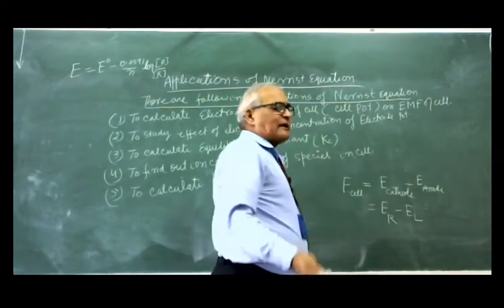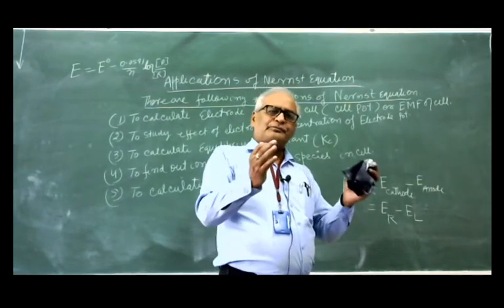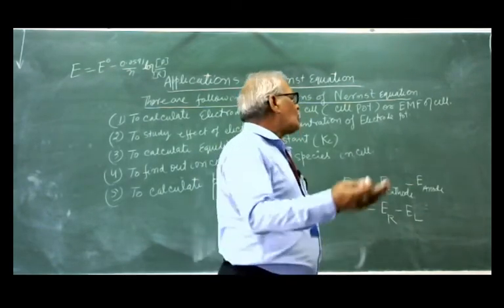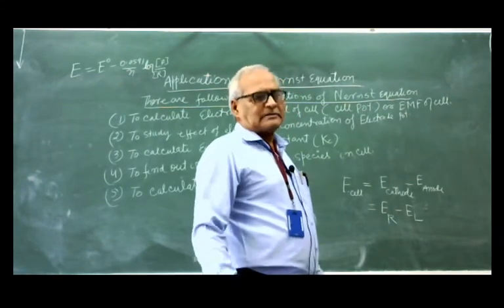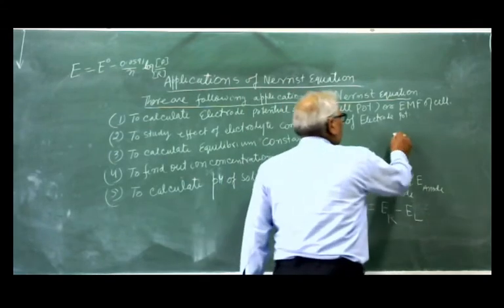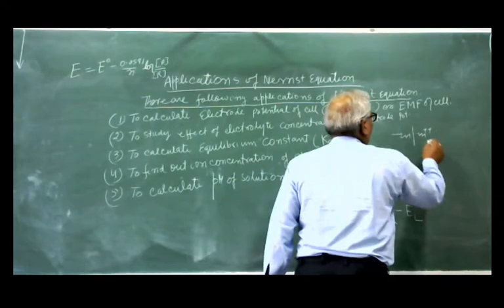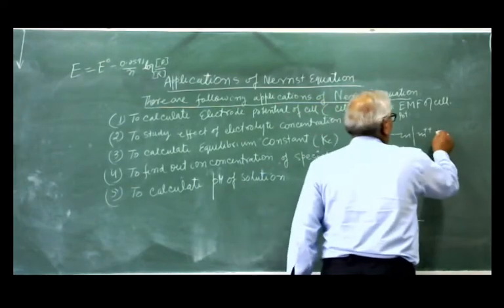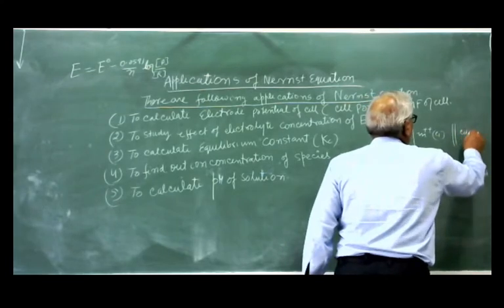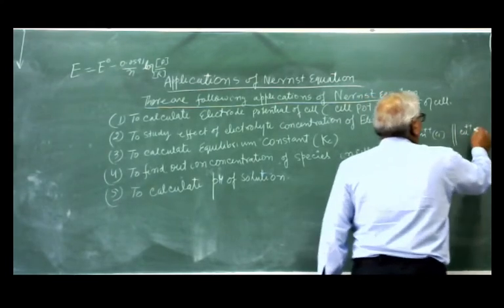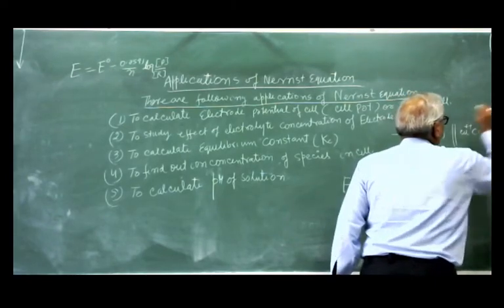What do we mean by right and left? Right and left, that is the cell. Suppose I consider a very simple Daniell cell. Here zinc is put into zinc ion of any concentration, you can say C1. This is the copper ion, any concentration C2, and copper.